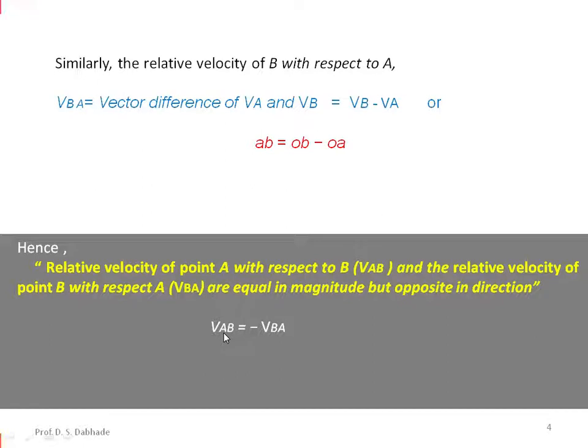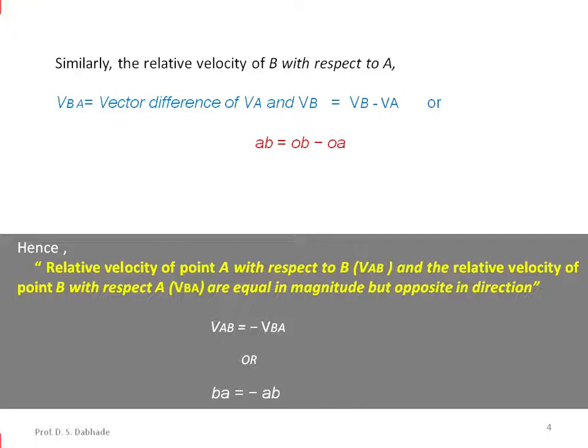Velocity of A with respect to B is equal to minus velocity of B with respect to A, so opposite in direction. Or in vector form, vector BA is equal to minus vector AB. That we can understand.